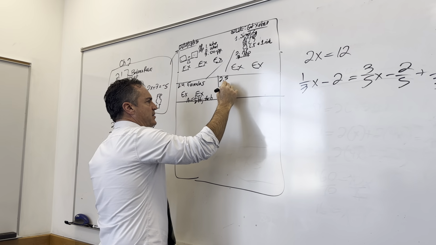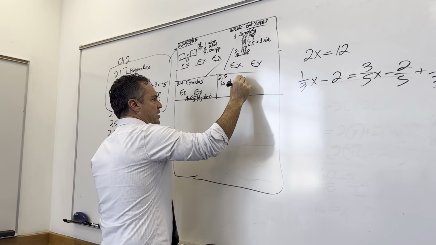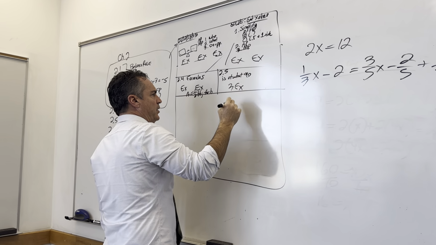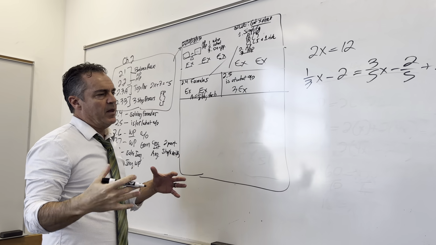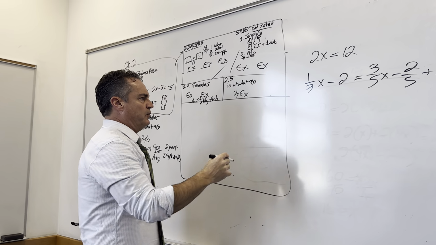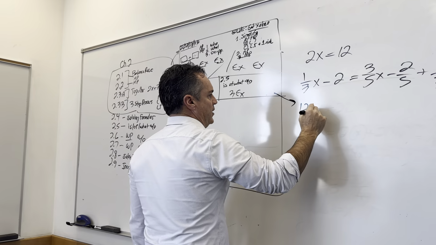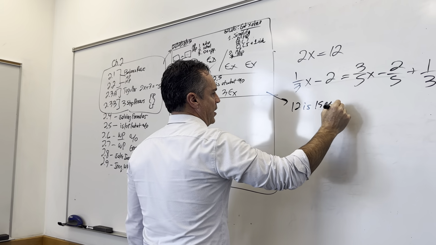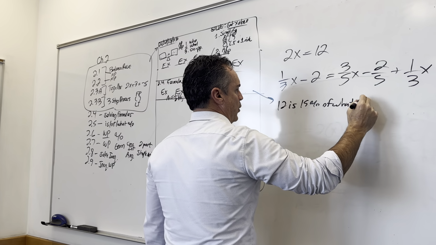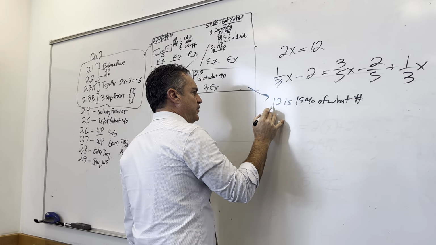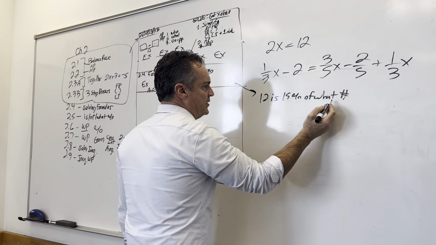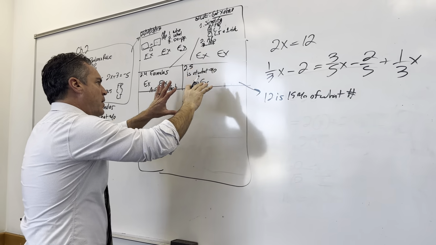2.5 was the is of what percent problems. We had 3 examples, and the way they did it is there's 3 unknowns, like 12 is 15% of what number. And then sometimes this is the unknown, sometimes this is the unknown, and this one, this is the unknown. Do all 3 examples, show how to do it.